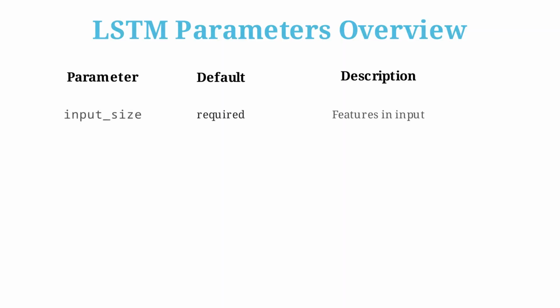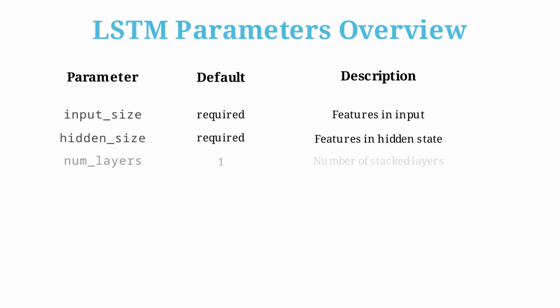Here's a comprehensive reference table for all LSTM parameters in PyTorch. This is really important to understand. We have required parameters like input size and hidden size that define the core dimensions. Then we have optional parameters that control the architecture. NumLayers lets you stack multiple LSTM layers. Batch first changes the tensor dimension ordering.